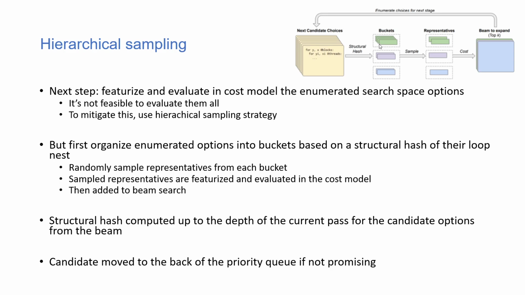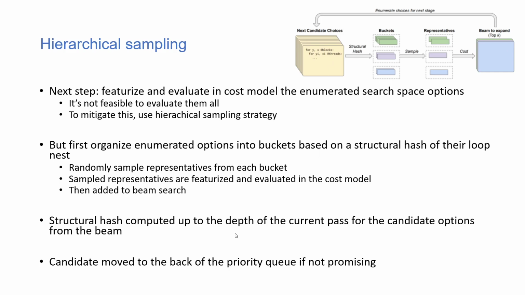As mentioned before, there are going to be buckets with representatives, and on those representatives you evaluate the cost model. By the beam search you take the top k, and then go for the first round. As mentioned before, you go from the outermost, the block level. First consider the block level for the search, and in the next pass you get to the next level of the loop.